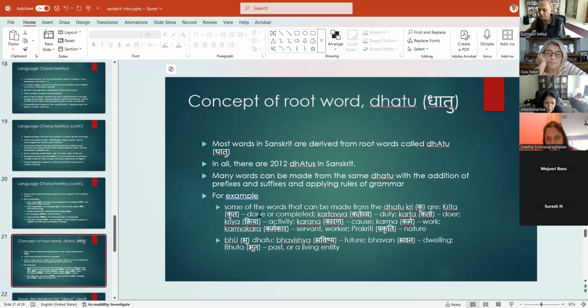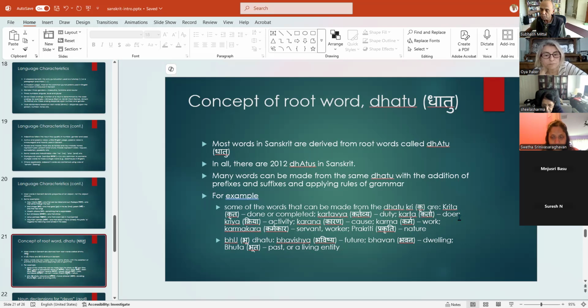Very quick example here. One of the common dhatus, one of the common root words, is kri. Kri means to do, and there are thousands of words which can be made from kri. Krita is something that has been done or completed. Kartavya, something that has to be done, which is duty.